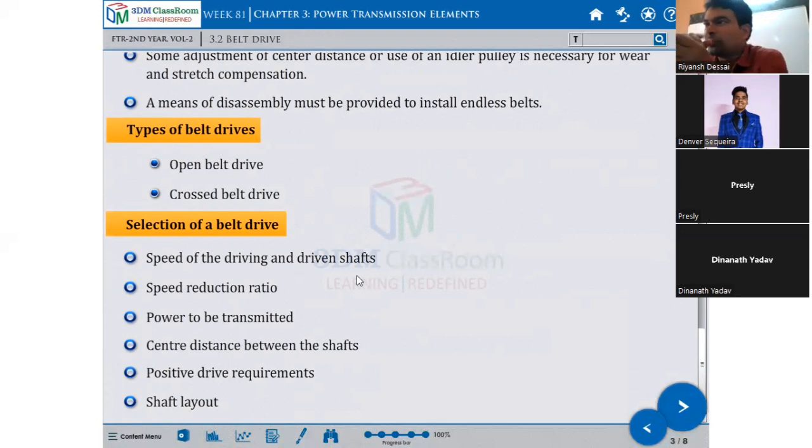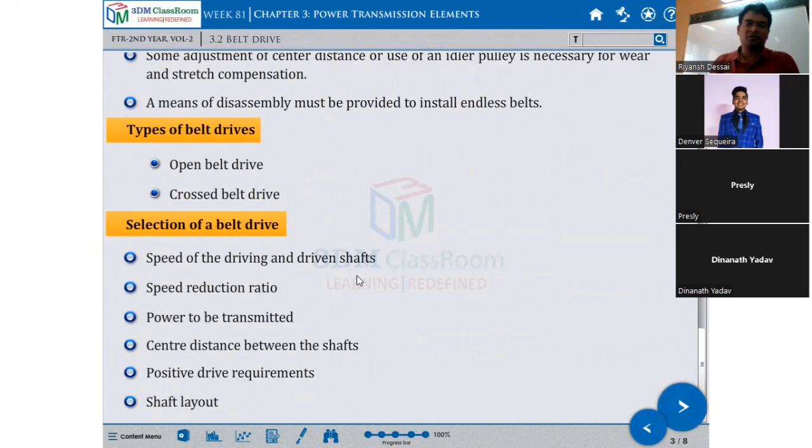For example, a 3 HP motor of 700 kilowatts, 1400 RPM, single phase. It means the driver pulley speed is already given on the motor, and you have to find out the next.